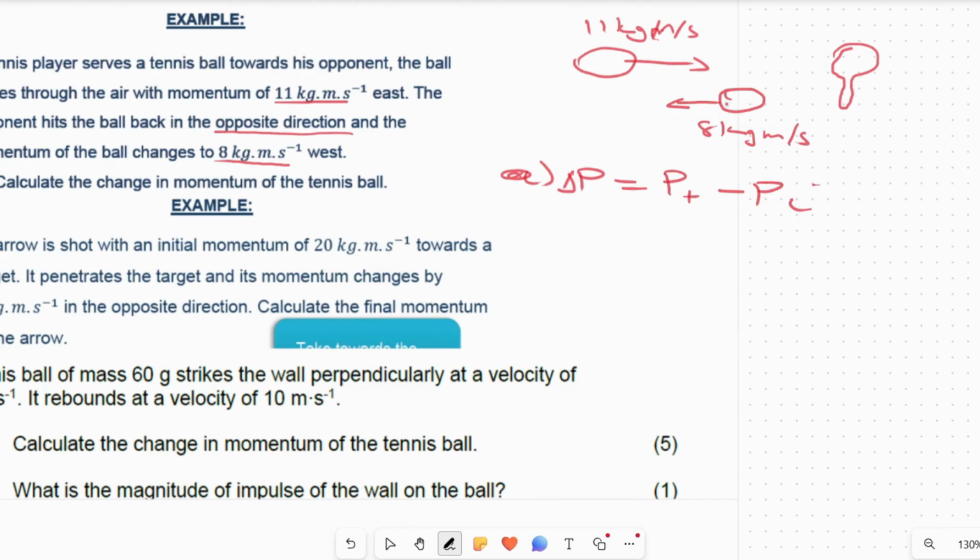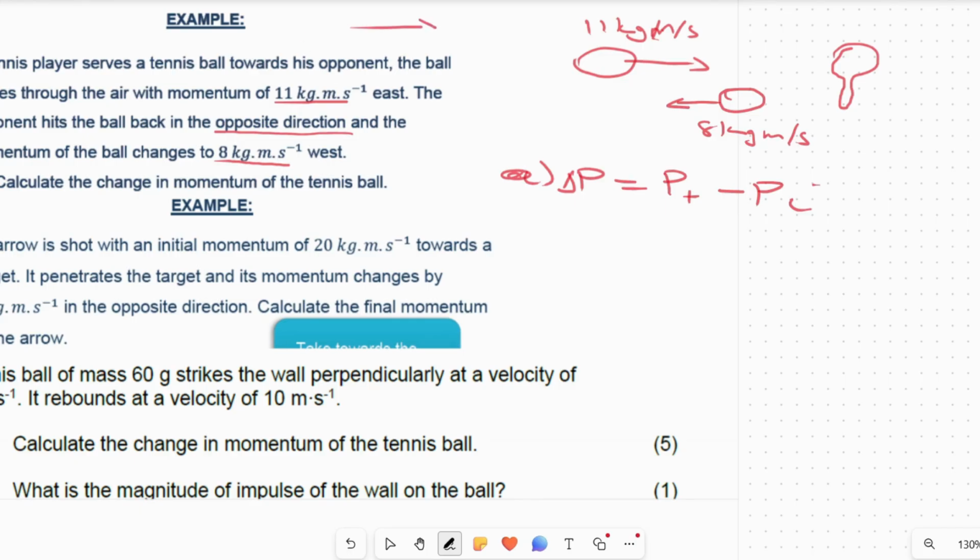Then this is our final momentum, because this is where the incident happened. The issue of initial and final is based on the event, the collision or contact between these two.